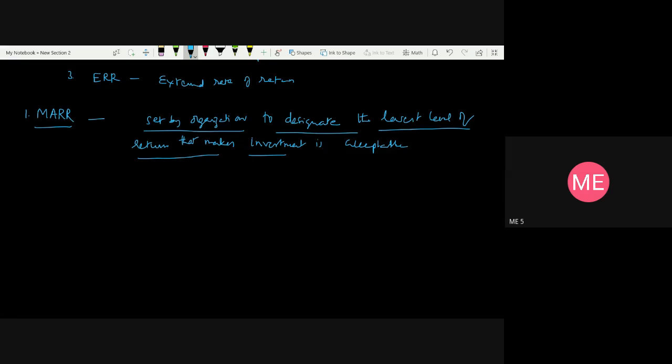In other words, the minimum acceptable return is the lowest rate of interest at which any business alternative is still attractive. That is, for any investment, it is the lowest or minimum rate of interest which is going to be acceptable to the business organization. This is also known as the minimum attractive rate of return, not only the minimum acceptable rate of return.